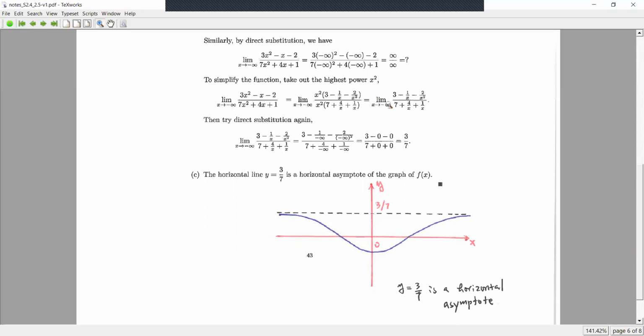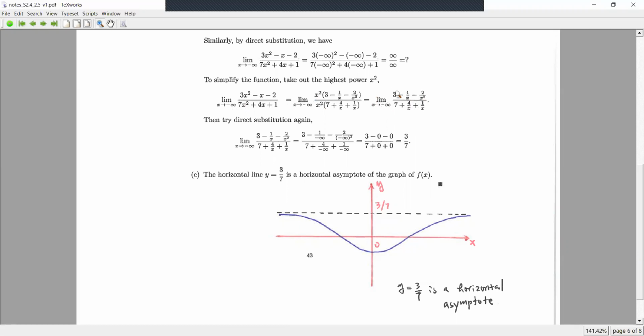As x approaches negative infinity, 1 over x approaches 0. 2 over x squared approaches 0. 4 over x approaches 0. And also 1 over x squared. Again, a typo. Here should be 1 over x squared. 1 over x squared approaches 0.